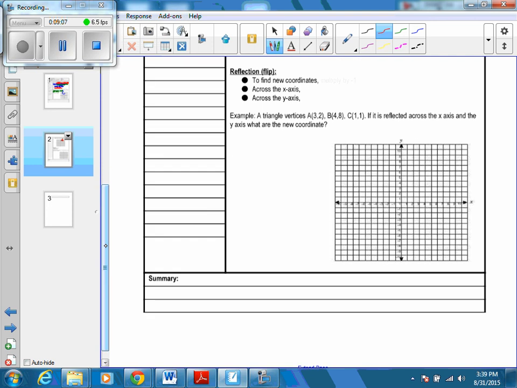All right, so reflection is also known as a flip. When we're talking about reflecting something, a reflection is a transformation in which a figure is flipped over a line of symmetry.